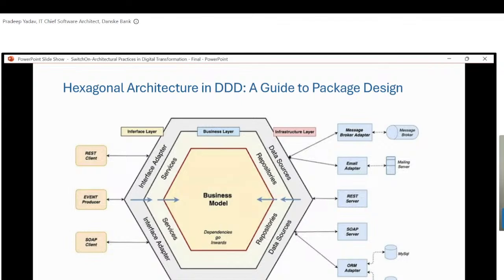The interface layer could be all your inbound communication, where you are exposing capabilities, and the infrastructure layer is basically for your outbound communication, keeping the business model in the center. All the business rules or main business logic should go within the business model, not the service layer.